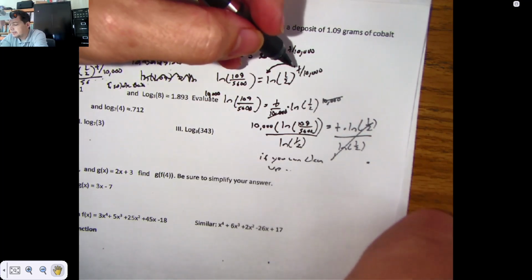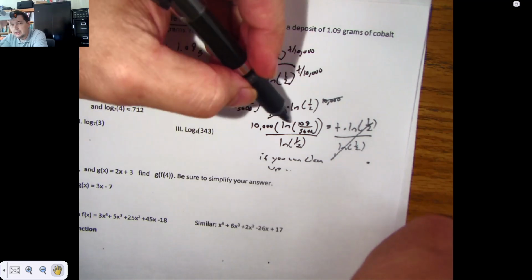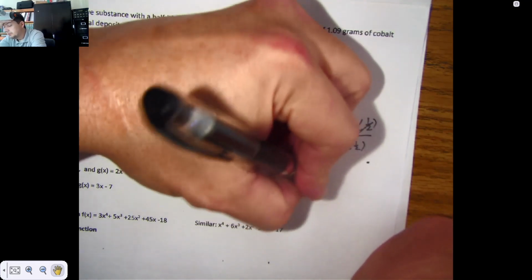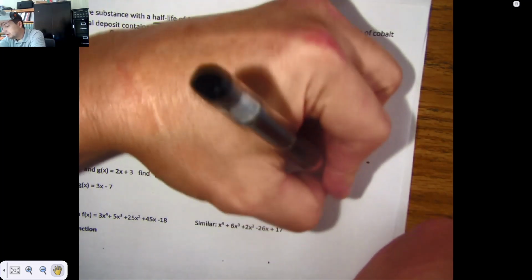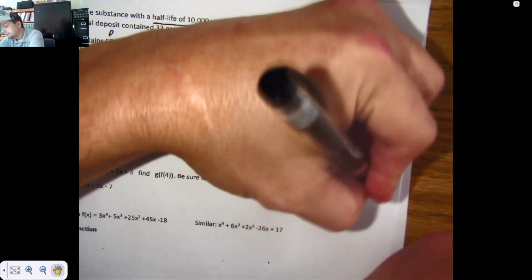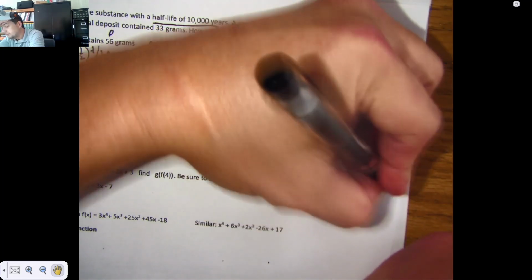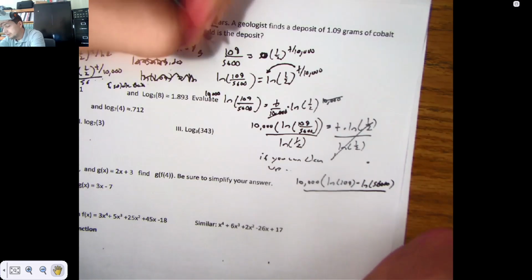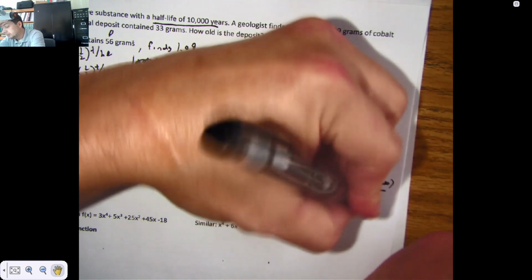I prefer exactness. But if I wanted to clean this thing up and make it look pretty, what I would do is I'd write it 10,000, set of parentheses, natural log of 109 minus natural log of 5600 over the natural log of 1 minus the natural log of 2.